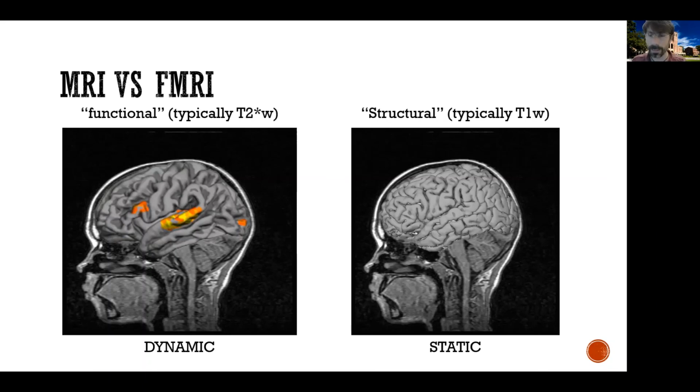For example, as I said, listening to stories. So the typical end product of an fMRI experiment is to localize on a highly detailed anatomical scan what parts of the brain seem to get more and less active together with some mental activity.